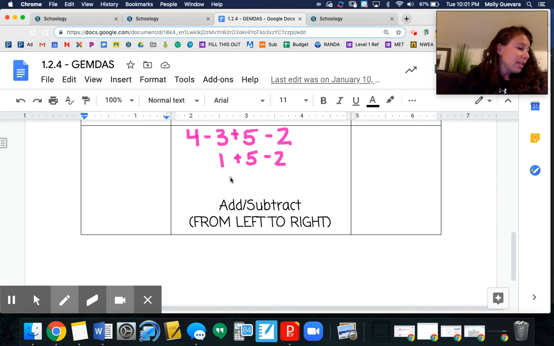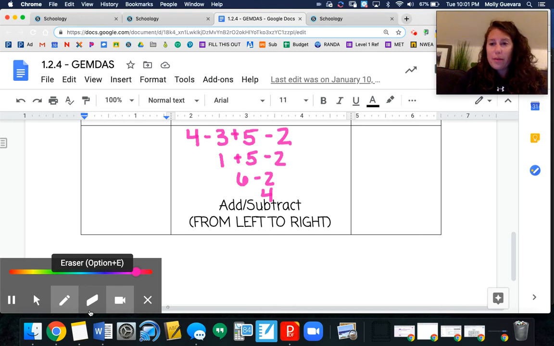Now from left to right, this 1 plus 5 is first. So that's going to be 6 minus 2. And now from left to right it's just 6 minus 2, which gets me 4. So just make sure we're going from left to right. Hopefully that makes sense. If you need to go back and watch the video, or if you have any questions, let me know.